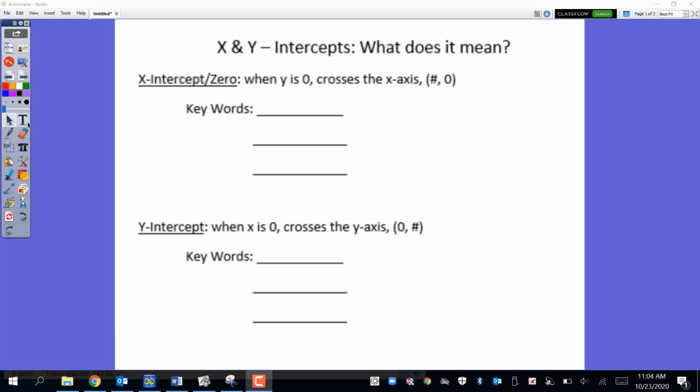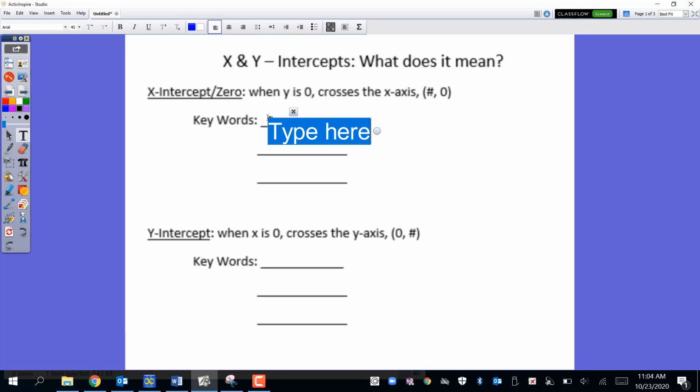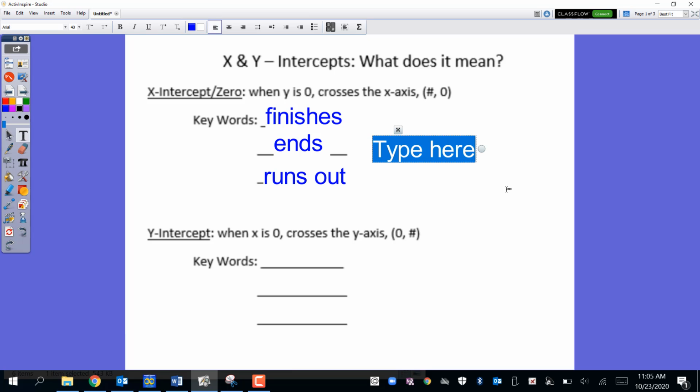So the x-intercept could mean when something finishes, ends, or runs out. Now what exactly is running out? Well, it's when the y runs out. So maybe we should type that off to the side.